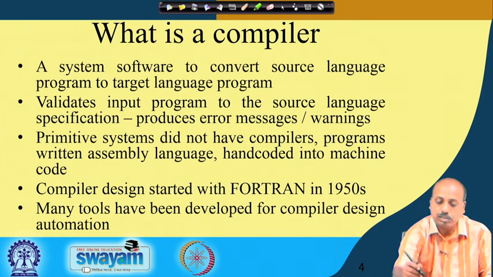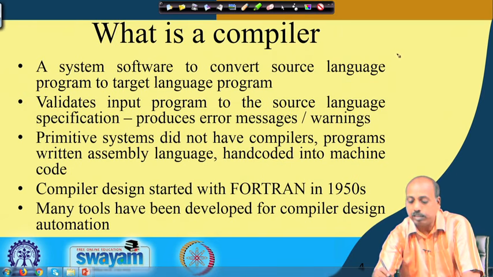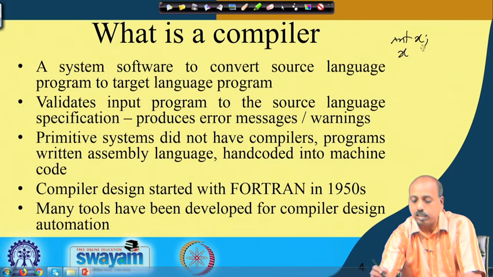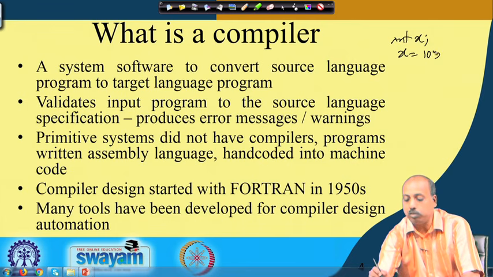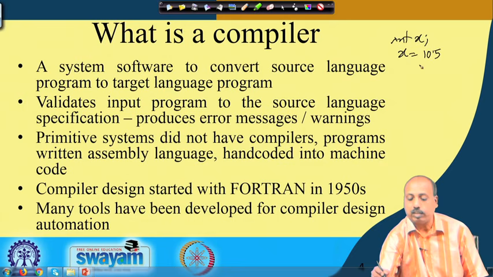So, we will take a small example. Suppose in a C language program I write int x and then x equal to 10.5. If we do this, there is a problem because this 10.5 is not an integer number.